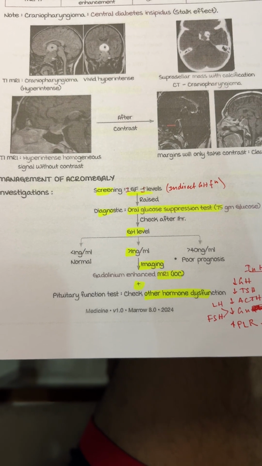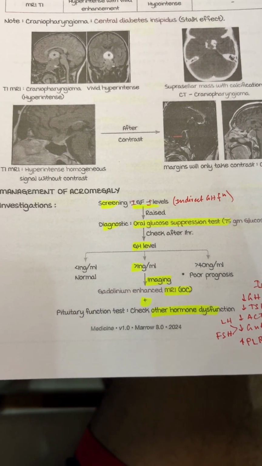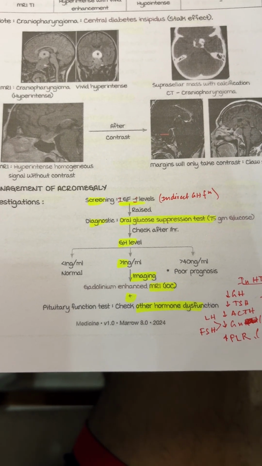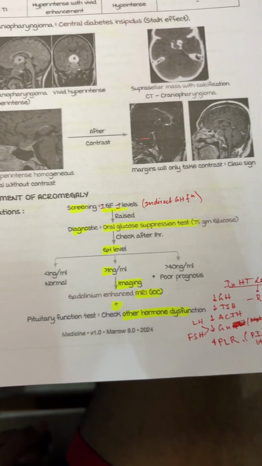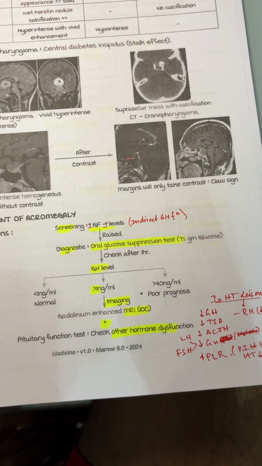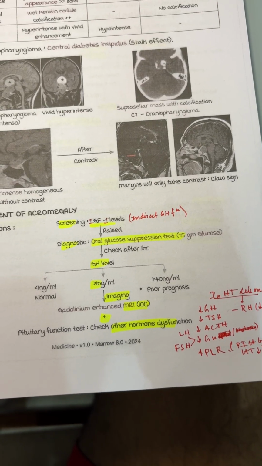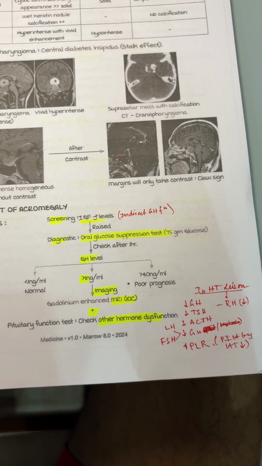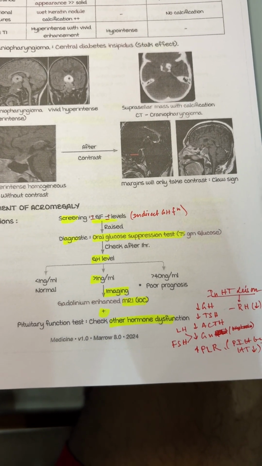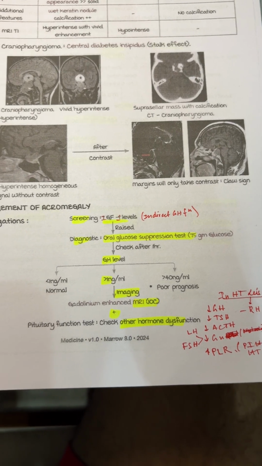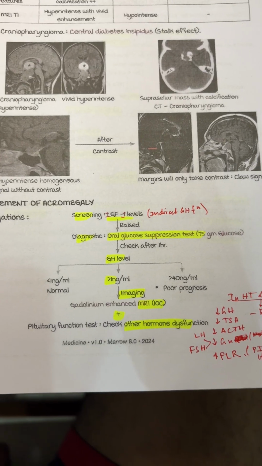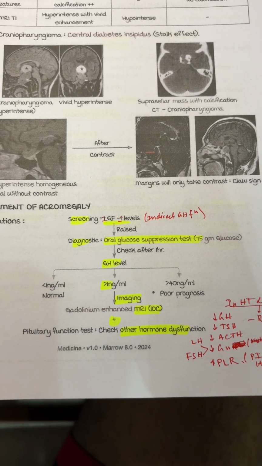At the same time, I'll also check the other hormone levels. Generally, if it is a lesion associated with the pituitary, all the hormones might be raised, like growth hormone, then TSH, ACTH, LH, everything. If it is a hypothalamic lesion, then all the releasing hormones will be produced in lesser amounts, and the anterior pituitary hormones will also be produced in lesser amounts, except for prolactin, because the hypothalamus only produces the prolactin inhibitory hormone.